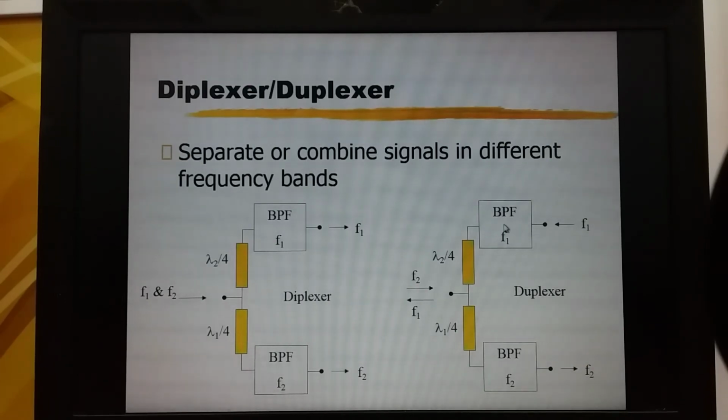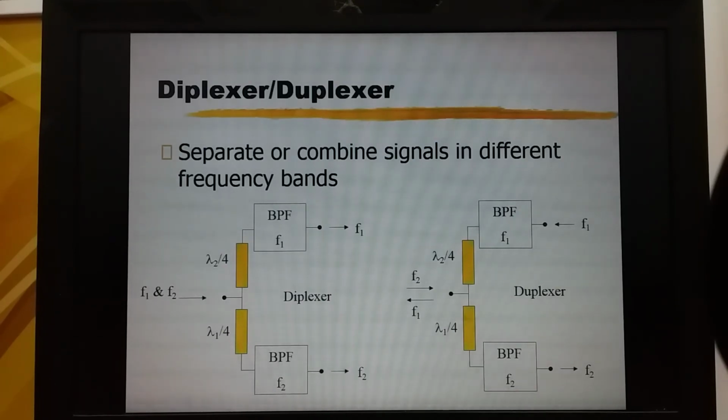That means we have a matched impedance at this point. And that means as far as F1 is concerned, we will have maximum power transfer.